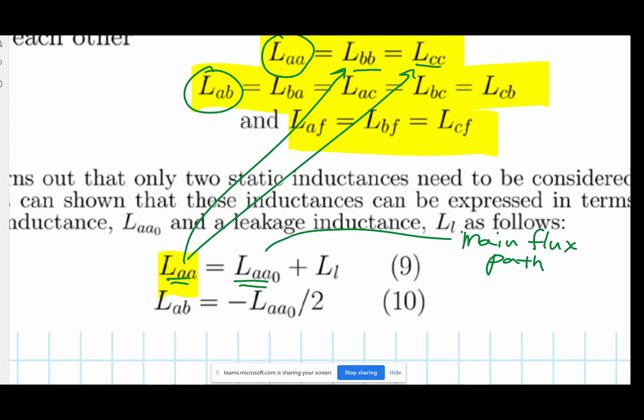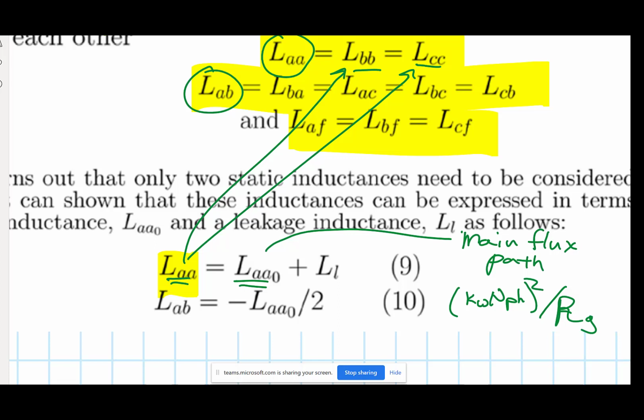You've got N squared, so you've got turns squared divided by some reluctance.